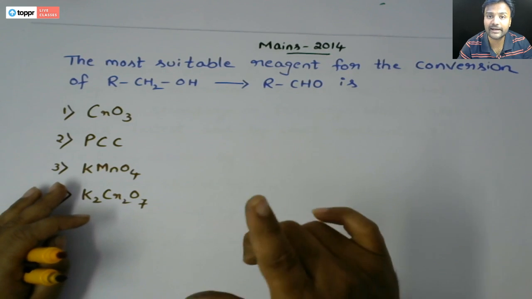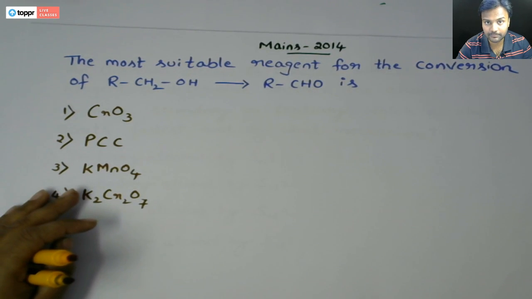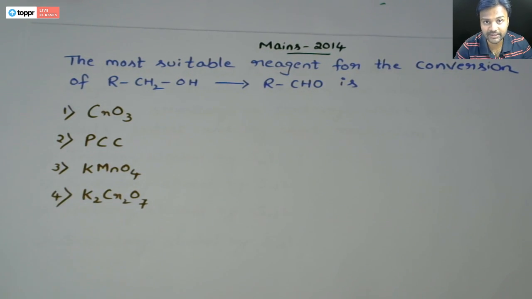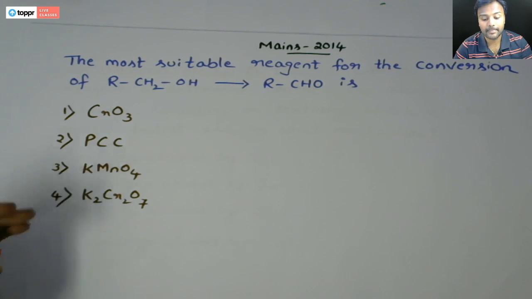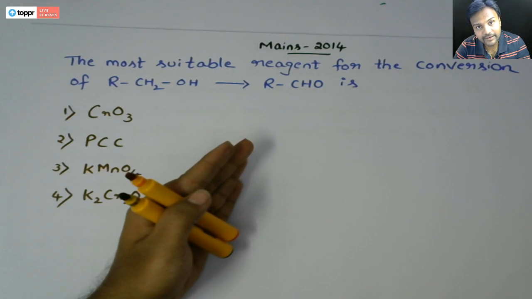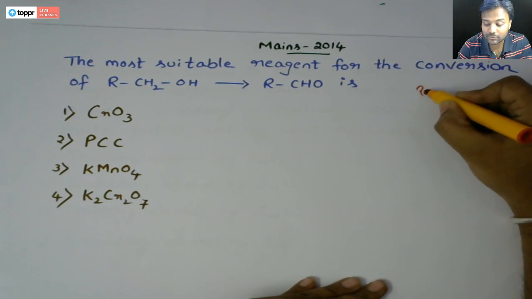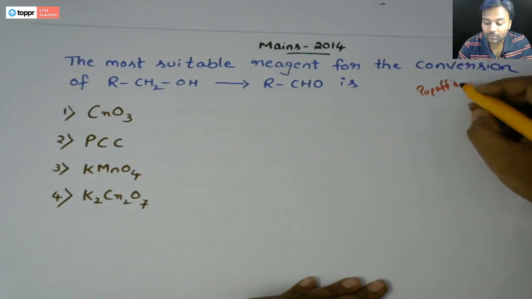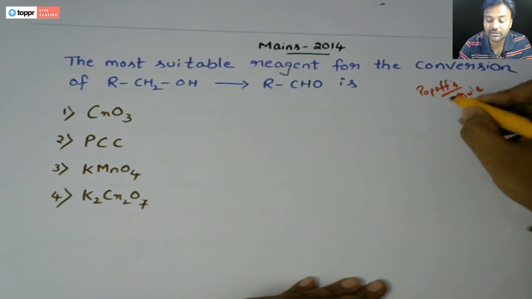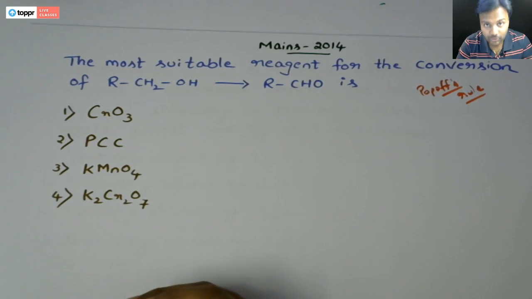The exception is concentrated nitric acid, with the help of which tertiary alcohols can undergo oxidation. Please go back to Popov's rule also. Once after the completion of class, just check back what Popov's rule is all about.